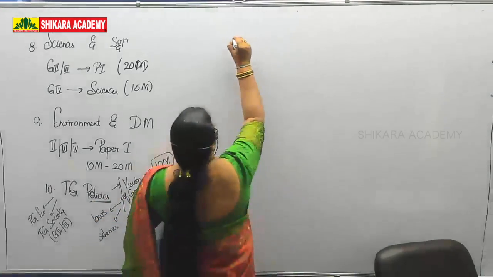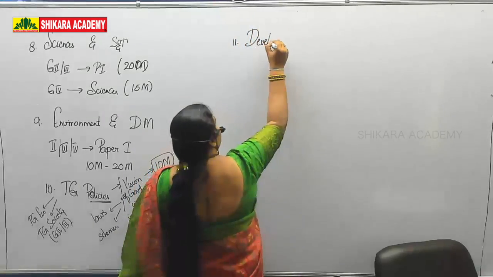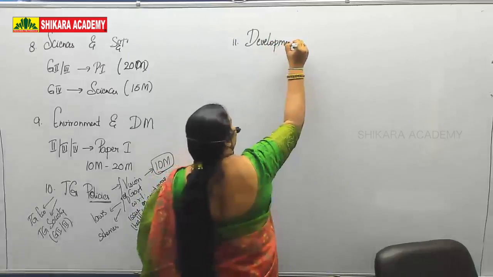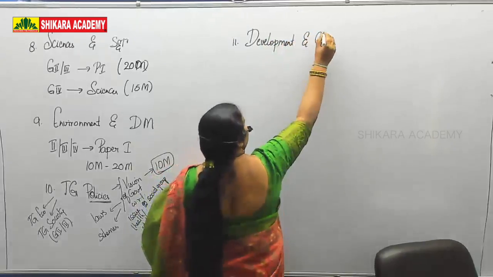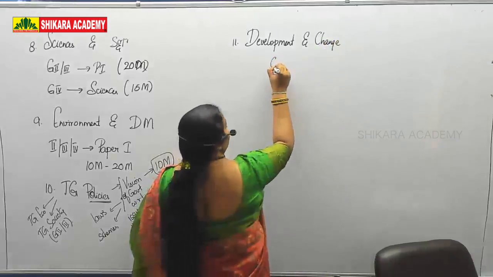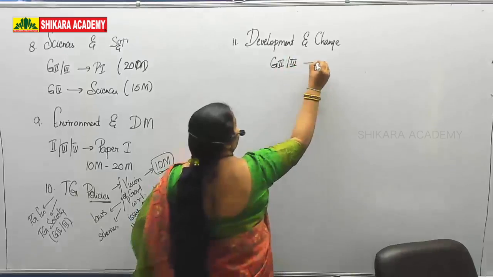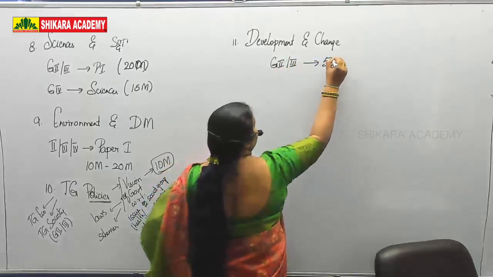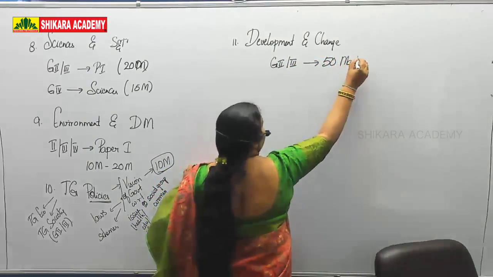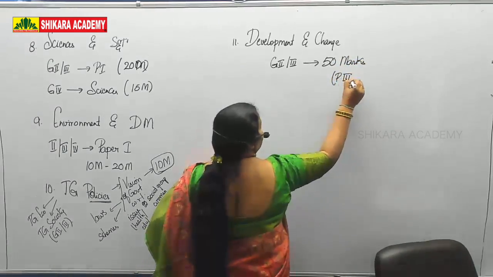The next area that we have is, we call it as development and change. This area is not there for group 4, it is there only for group 2 and 3, and it comes under, for both exams, under paper 3.